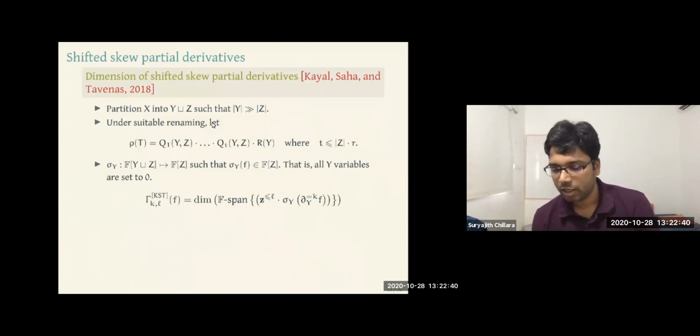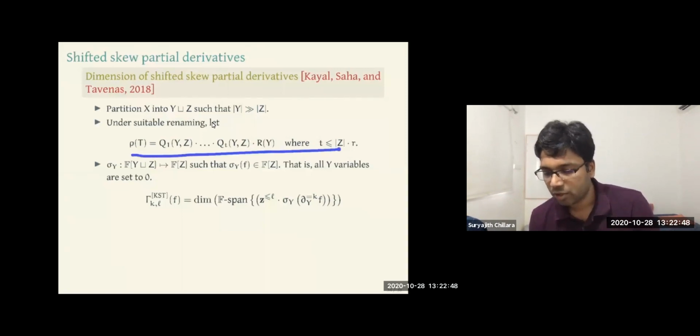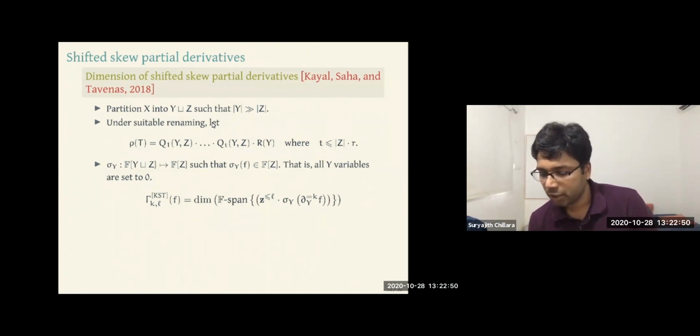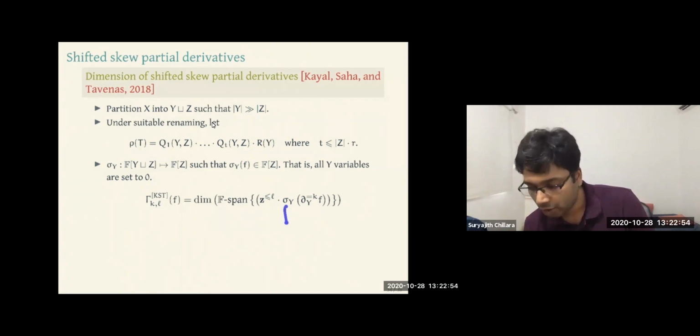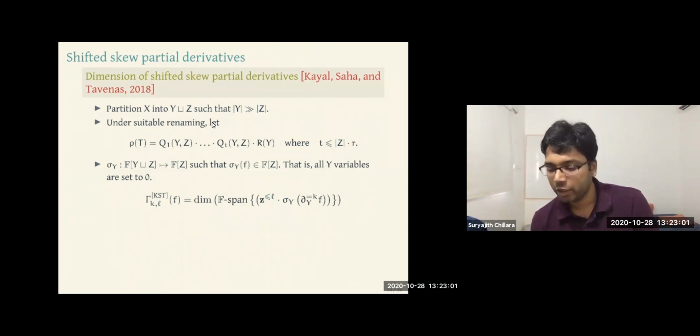So they say, partition your variables x into y and z such that the y part is much bigger than the z part. This is what you've seen in the last slide. What they do is they take partial derivatives of order k, then set all y variables to 0, and then shift only by z variables. That means they're effectively only using these polynomials.